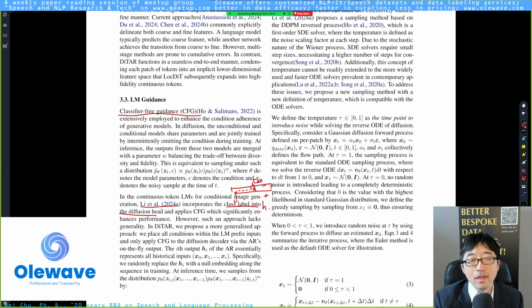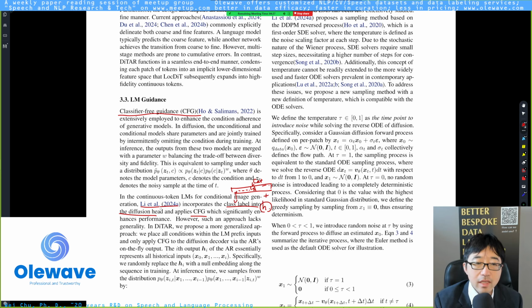So everybody wants a diffusion model, but they probably don't want a class label. But in the past, people have demonstrated that using class labels and this type of CFG with this H significantly enhances the performance.